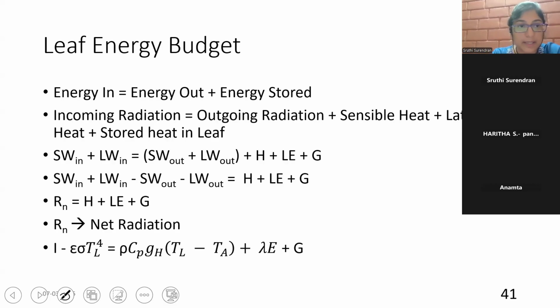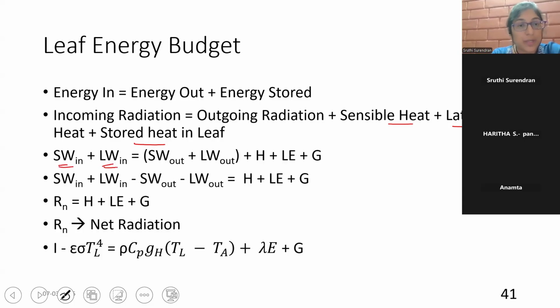Energy that is coming in is the incoming radiation. Energy that is going out is the outgoing radiation plus sensible heat plus latent heat plus whatever is stored in the leaf during photosynthesis. Incoming radiation can be the short wave as well as the long wave radiations.